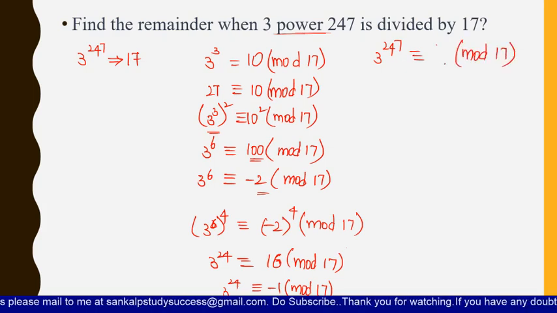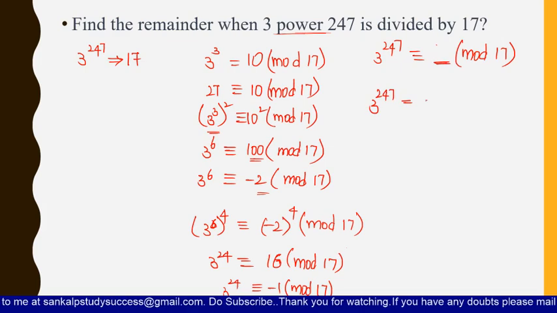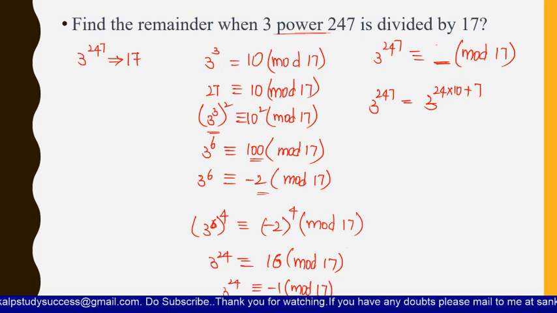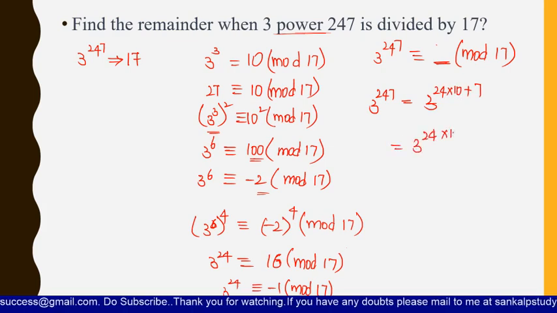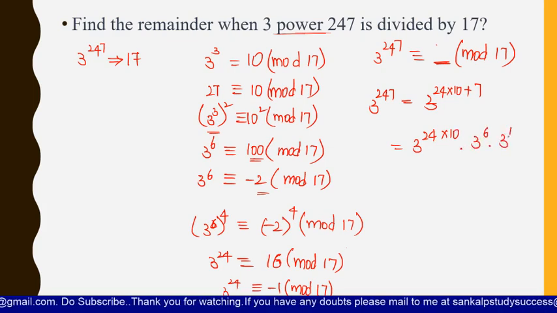Am I correct? So you can express 3 to the power of 247 as 3 to the power of 24 into 10 plus 7, right? That means what? 3 to the power of 24 into 10 into 3 to the power of 6 into 3 power 1, right? Because if you add 6 plus 1, you will again get 7.